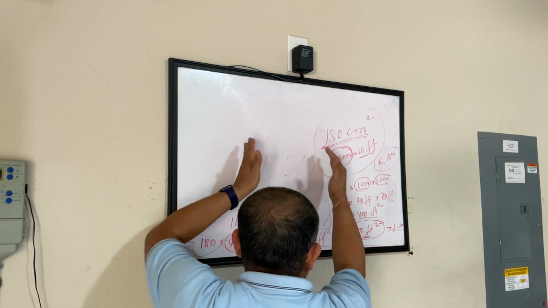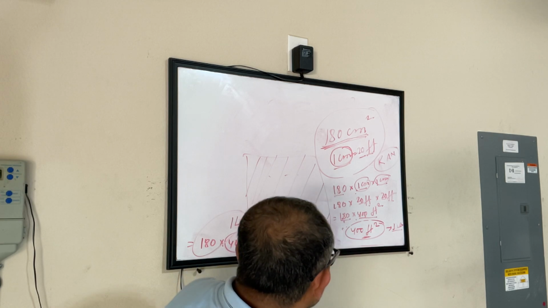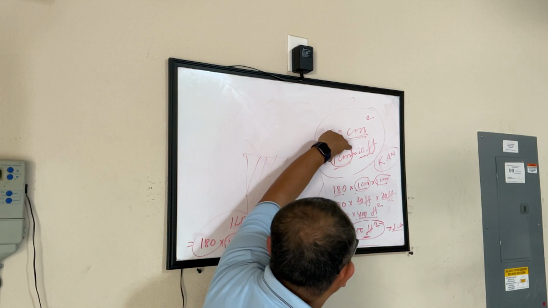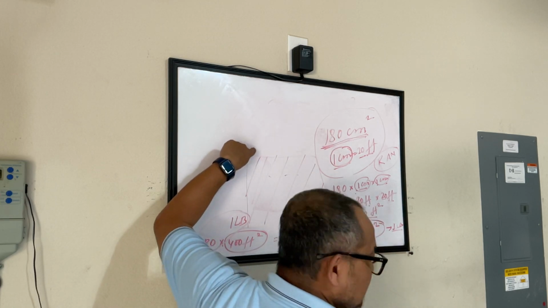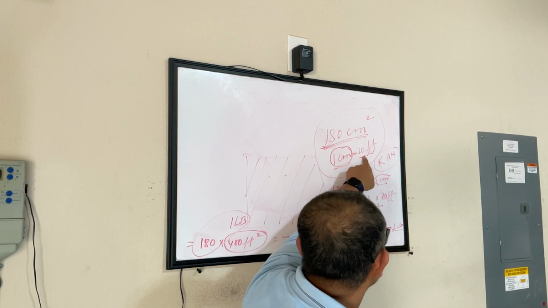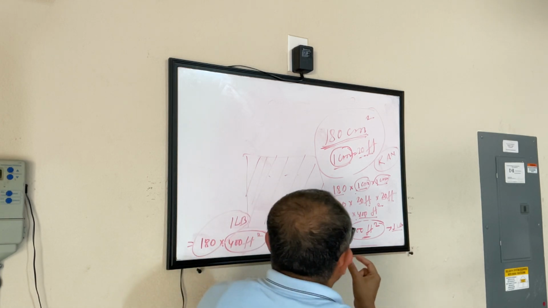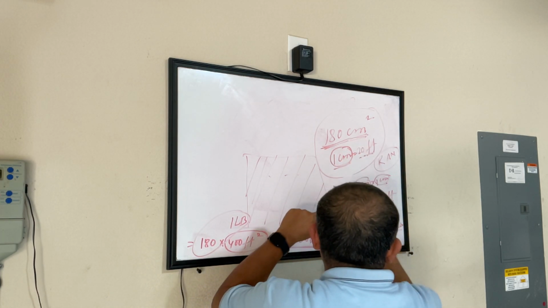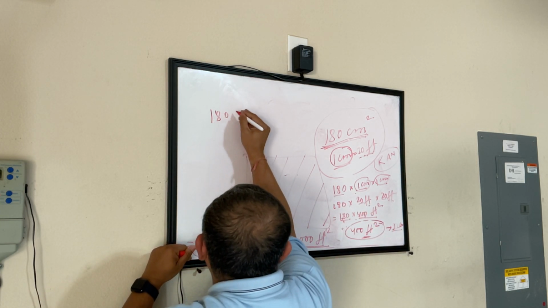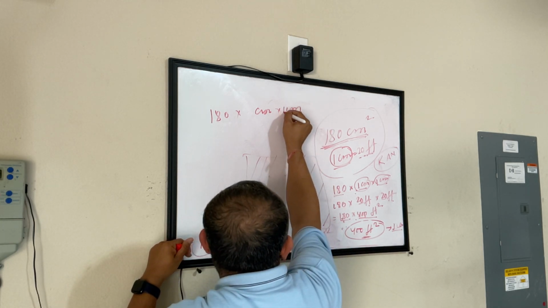But this is just a map. This is on an A4 sheet maybe. But the actual field is different. And there is a scale. This scale says that every centimeter on this map is equal to 20 feet. So if I want to derive the size of the field, 180 centimeters square is 180 into centimeter into centimeter, or 1 centimeter into 1 centimeter.